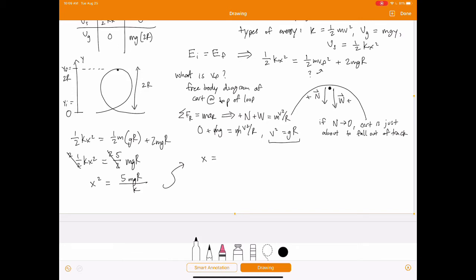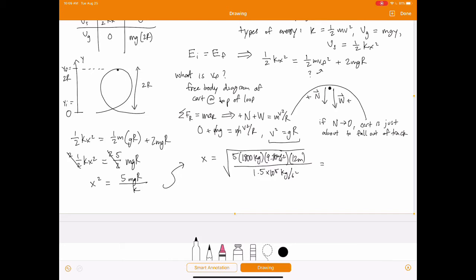So x will be the square root of 5 times the mass, which is 1,800 kilograms, times g, which is 9.8 meters per second squared, times r, which is the radius of the loop, 12 meters. And we'll divide that by k, the spring constant, which is 1.5 times 10 to the 5 newtons per meter, but we can also write this as kilograms per second squared.